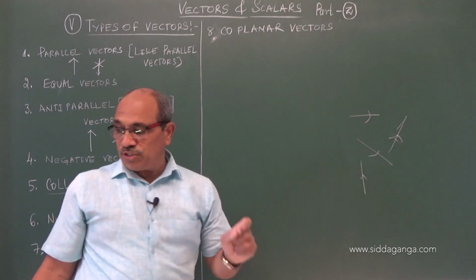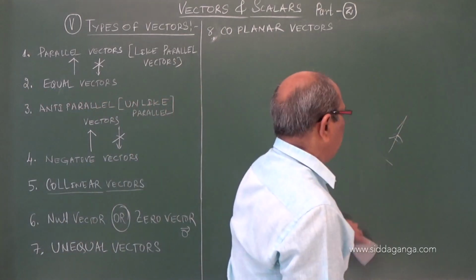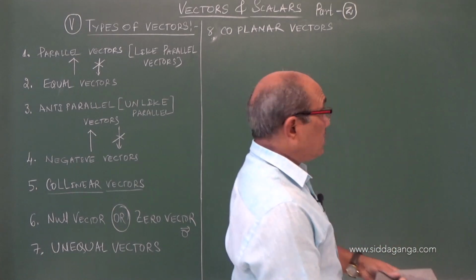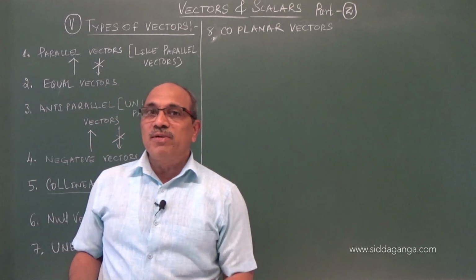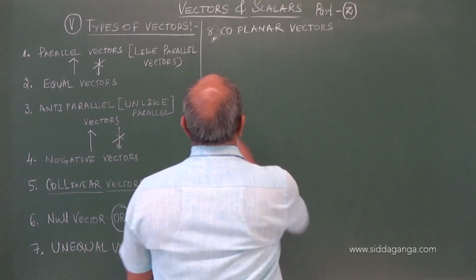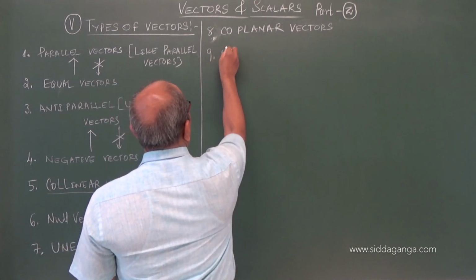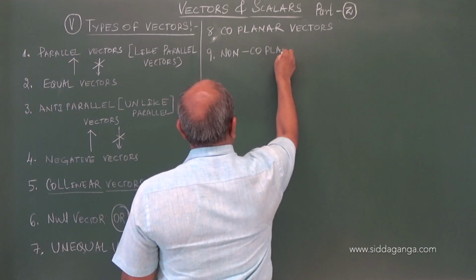All the vectors in a common plane are called coplanar vectors. The ones which are not in a common plane are called non-coplanar vectors.